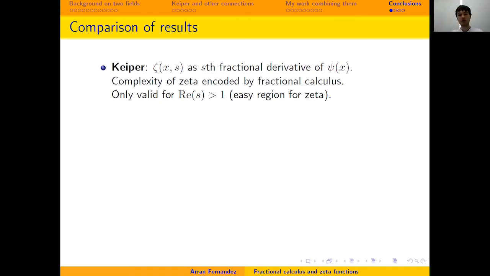You put those two things together and you get all this complexity. The problem with Kuiper's formula is that it's only valid when s has real part bigger than 1, and that's the easy region for the zeta function. So it's not that useful, because where we really want to know about zeta is when the real part is between 0 and 1. Still, it was important progress. He was like the pioneer of this connection.